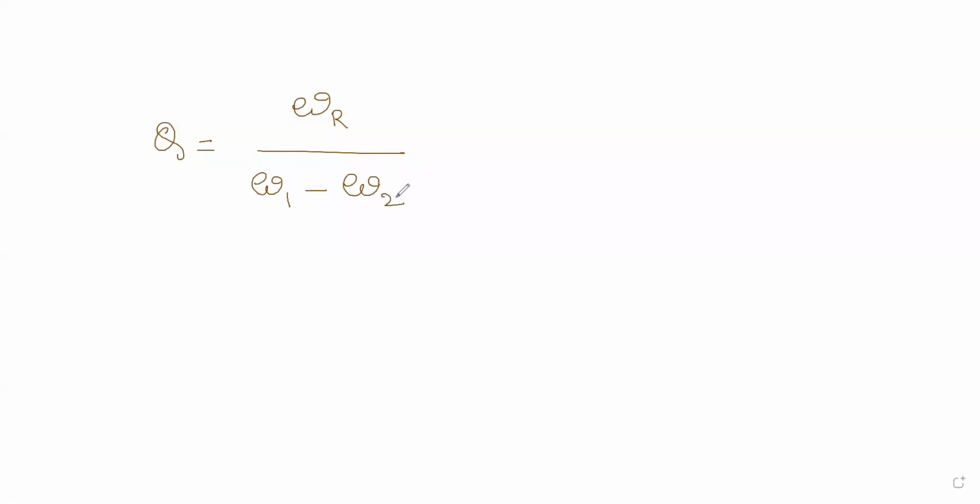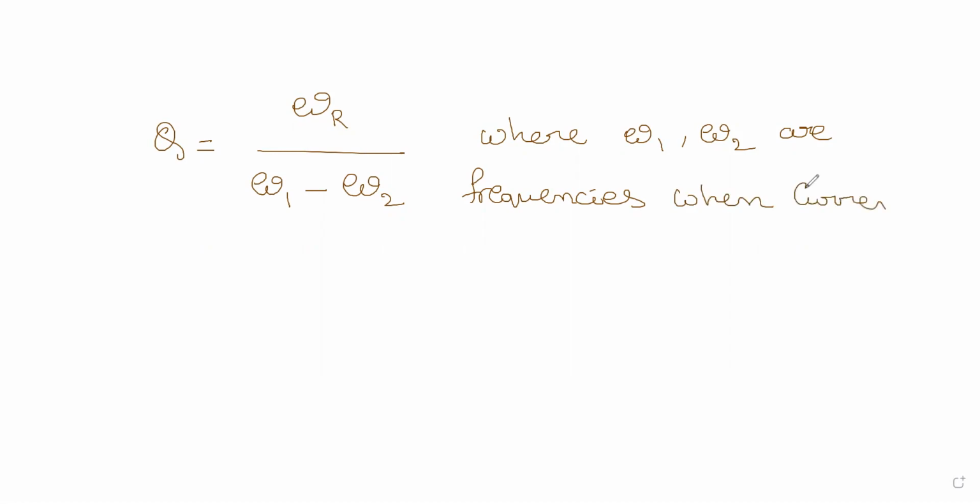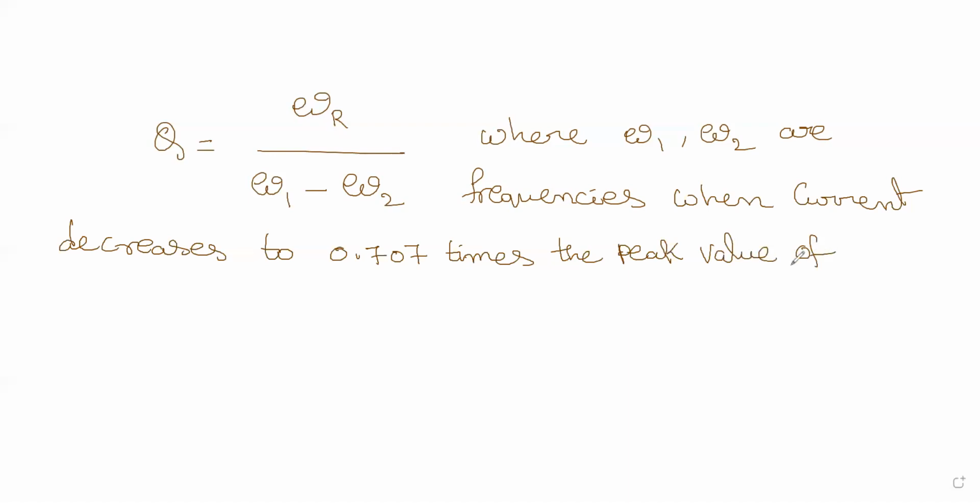Omega R is the resonance frequency, where omega 1 and omega 2 are frequencies when current decreases to 0.707 times the peak value of the current.